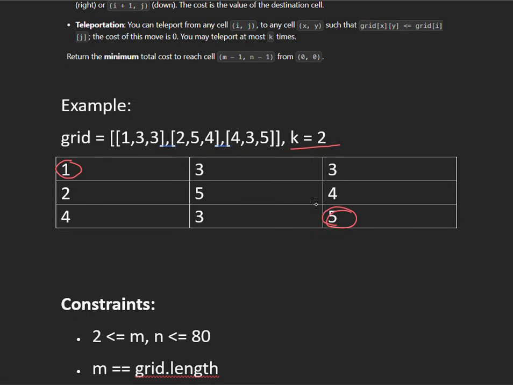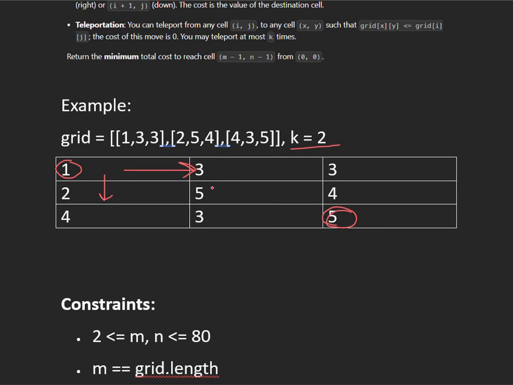The movement allowed is either we can go to the right cell or the down cell, or we can teleport to any other cell whose value is less than or equal to the current cell. Right now we are at 1, so we can either go to 3 or 2. This way we have to find the answer. We'll see the approach ahead.